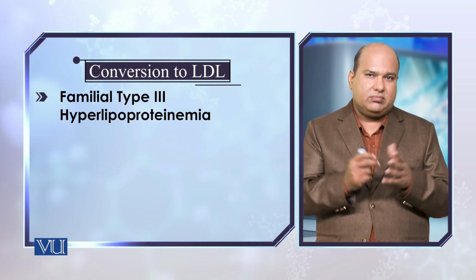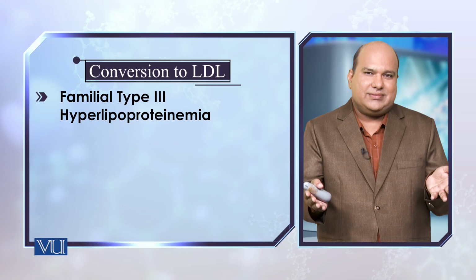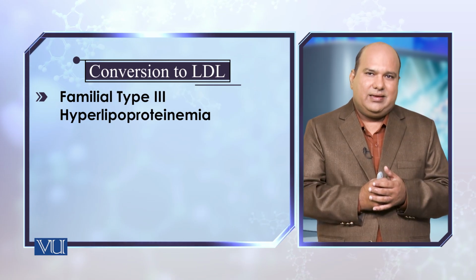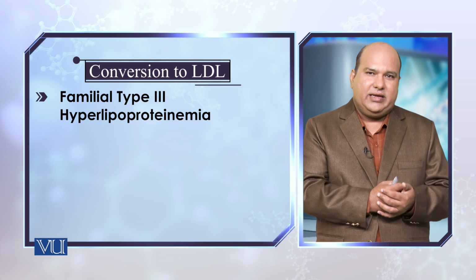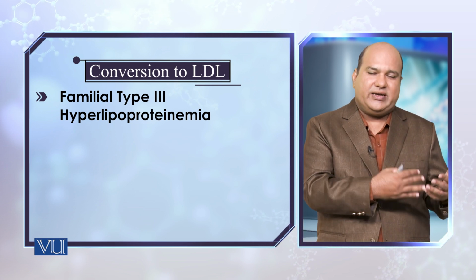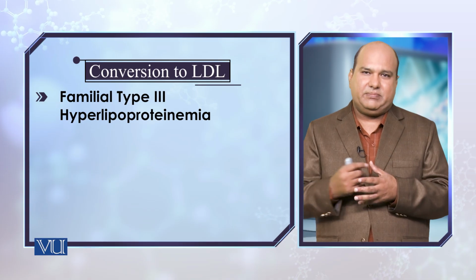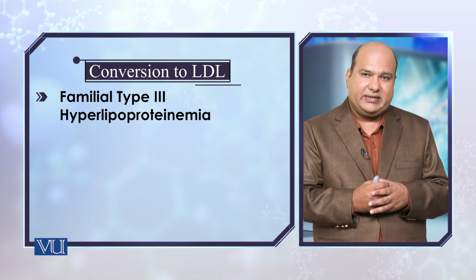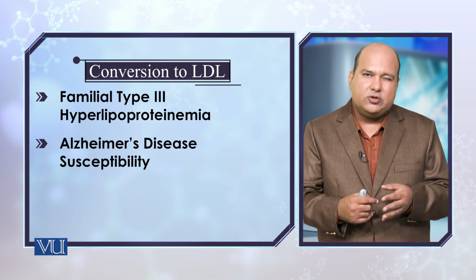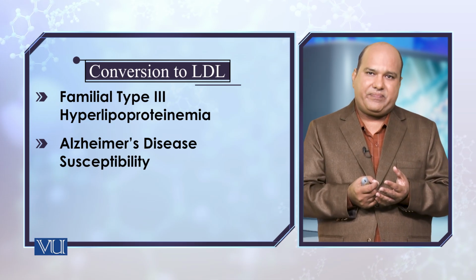And of course, you can understand why this hyperlipoproteinemia will occur, because of more and more accumulation of triacylglyceride, because the movement is not taking place as it should have been, and also the susceptibility to Alzheimer's disease.